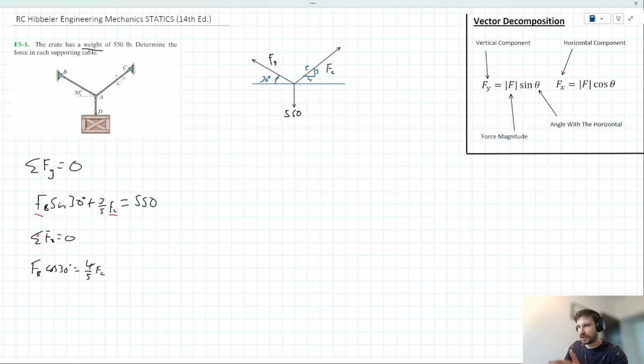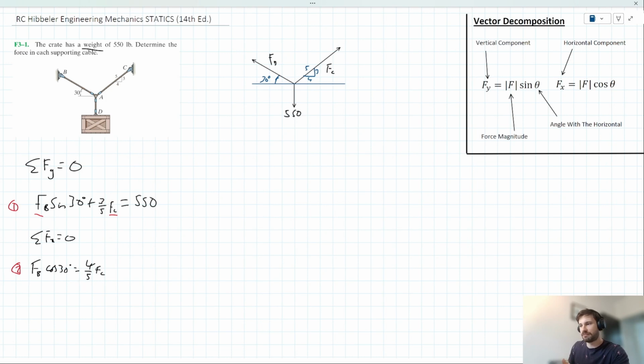How might we solve it? Looking at the equations, we could label this equation 1 and this equation 2. I reckon substitution would be a good method here, because this second equation we could quite easily rearrange for one of the unknowns, then substitute that into the first equation and solve through. So let's rearrange equation 2 to make FC the subject.